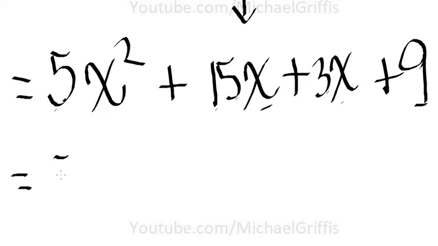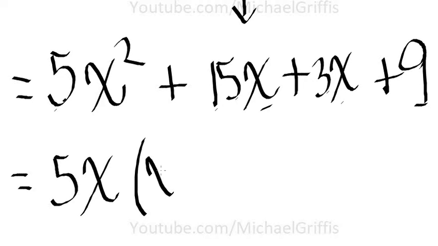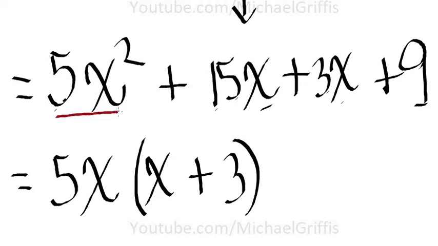I'm going to pull out a 5x. That's going to give me an x plus 3. There. We factored a 5x out of both these terms. In the first term, we're left with an x. In the second term, we're just left with a 3.